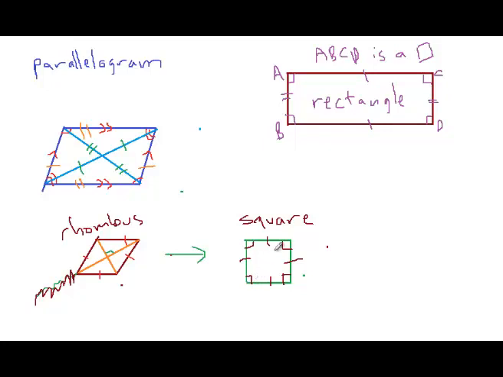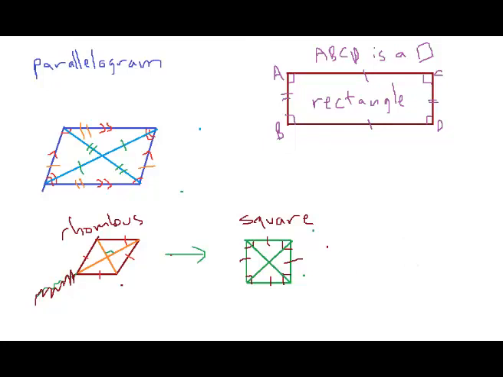The diagonals are equal to each other, the opposite sides are equal, all the angles are equal. The diagonals not only are equal, but of course they also form right angles. Pretty much everything is equal in a square. A square is as elegant a figure as you're going to get.